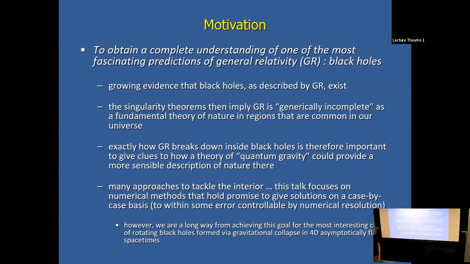Okay, so what is my motivation? I'm interested in classical general relativity, and I think one of the most fascinating solutions in Einstein's theory are black hole solutions. So it's really about understanding all aspects of black holes as predicted by Einstein's theory. Now, if cosmic censorship is upheld in astrophysical situations, we likely won't see aspects of strong-field gravity leading to singularities in any observational context.